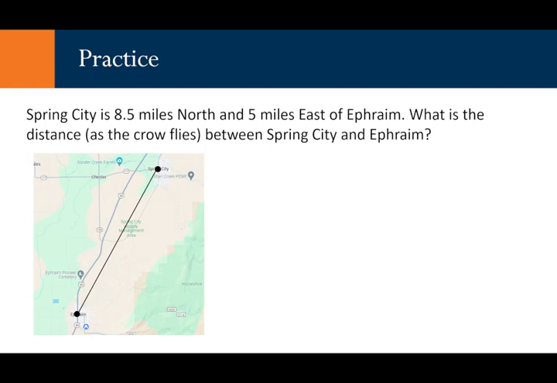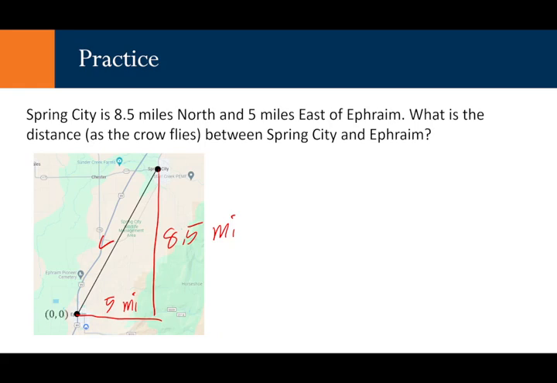Personally, I think the Pythagorean theorem is much easier on this problem. So how would that work? So it's 8.5 miles north and 5 miles east, and then we're just finding c in the Pythagorean theorem.